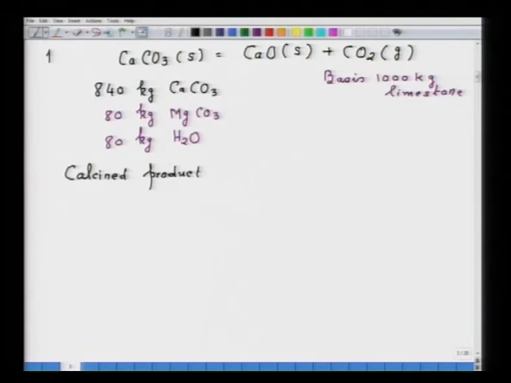Now, before that, what have I used? I have used the atomic weight of calcium as 40, carbon as 12, oxygen as 16, magnesium as 24.